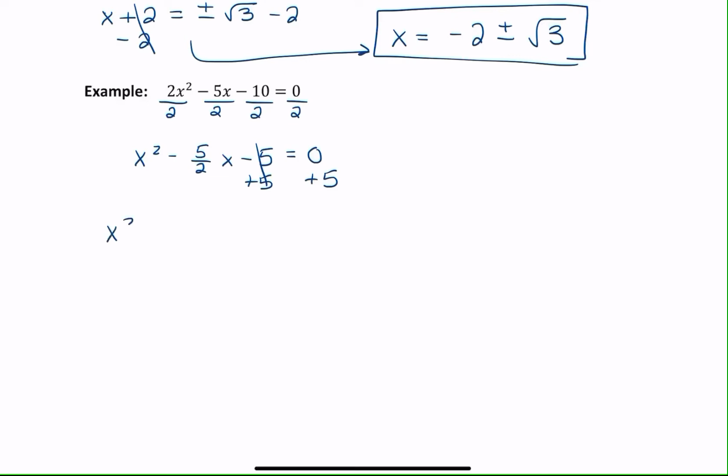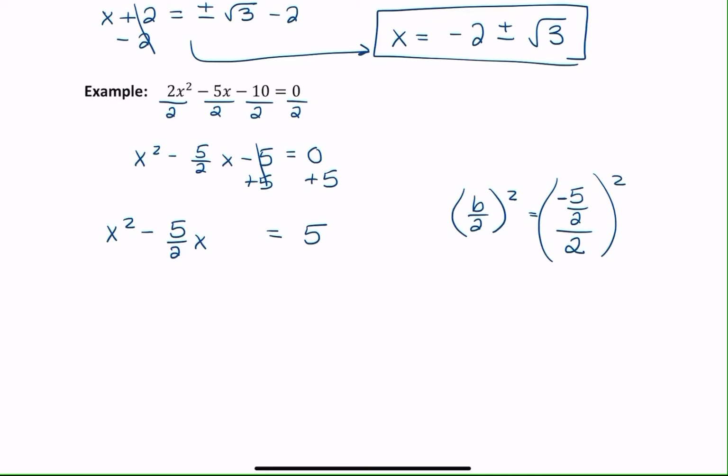So I've got x squared minus 5 halves x, leave a little space, and then your 5 on the other side. Here, I need to take half of b and square it. So b is negative 5 over 2. I'm going to take half of that and square it. Let's work this out a little bit at a time.